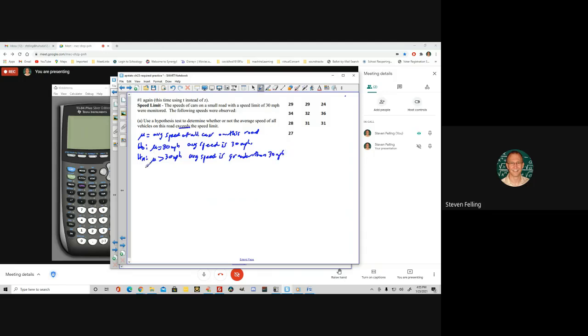Then we would check conditions. Now we know the correct way to check conditions, so let's go ahead and write that properly. We should check SRS, right? Do we have a simple random sample? No, we just have 10 cars that were observed on the road. So we're going to say no, but assume these cars are typical.